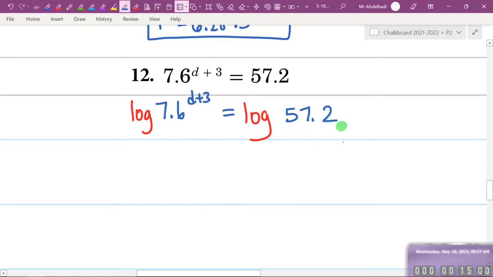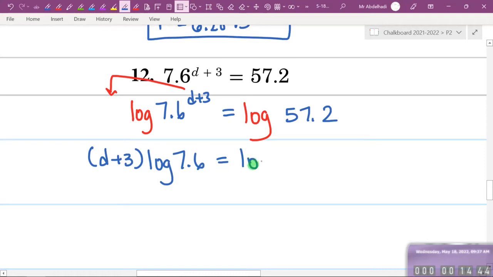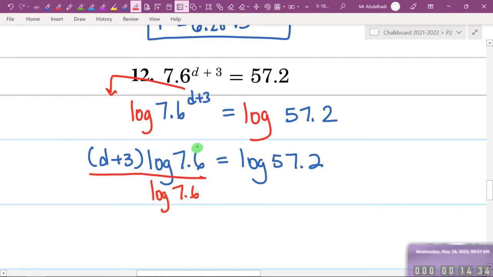Okay, so taking the log of both sides, we can move this d plus 3 power down using the power property of logarithms, right? And now in parentheses, careful not to forget the parentheses, you get d plus 3 log 7.6 equals log 57.2. Now, my job is to get this d by itself. So what I'm going to do is get rid of this log first by dividing by that log. So that gets rid of that.